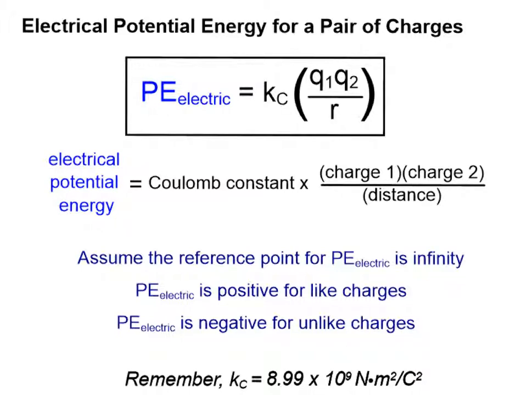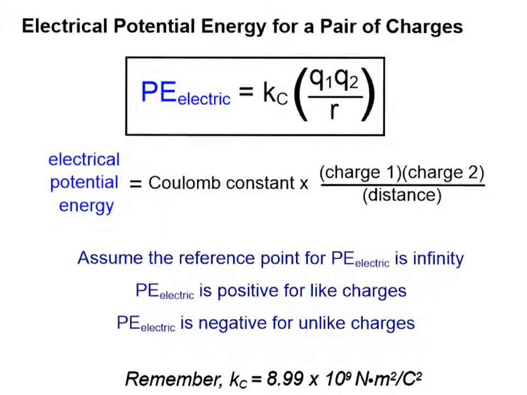And also, we're assuming that the reference point for the potential electric energy is at infinity. And just to think about that mathematically, if that helps you, the electrical potential energy goes to zero as r, the distance between the charges, goes to infinity.